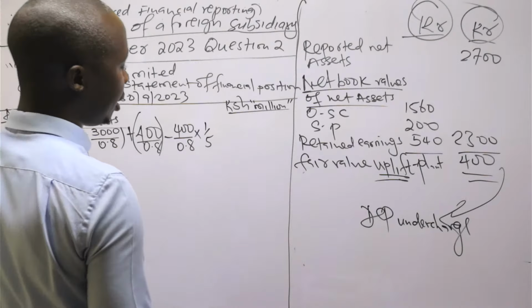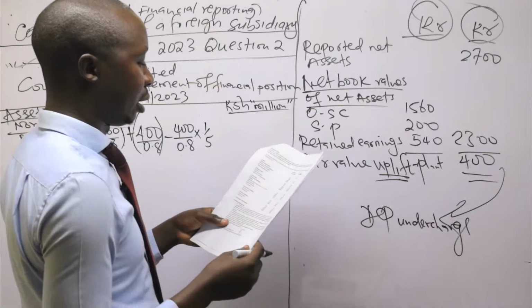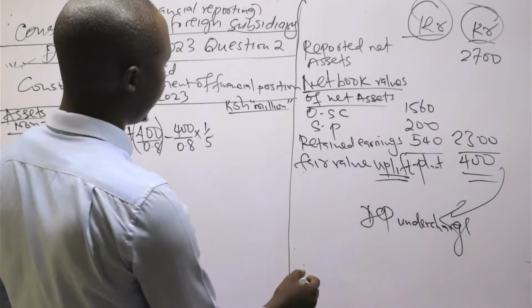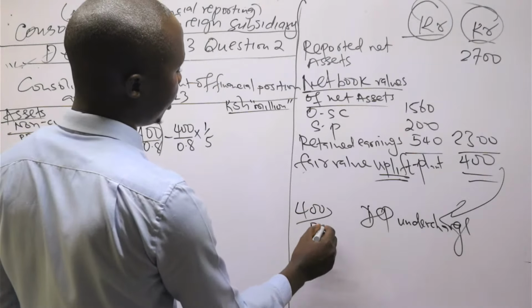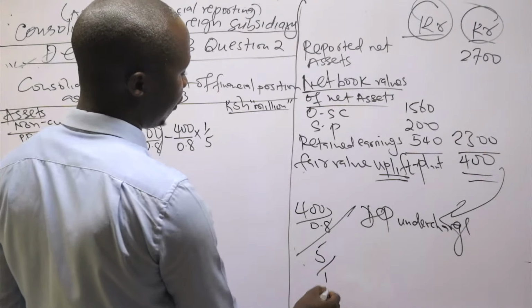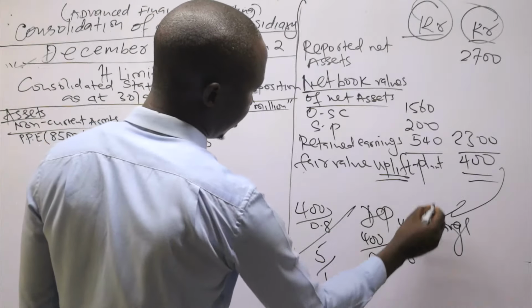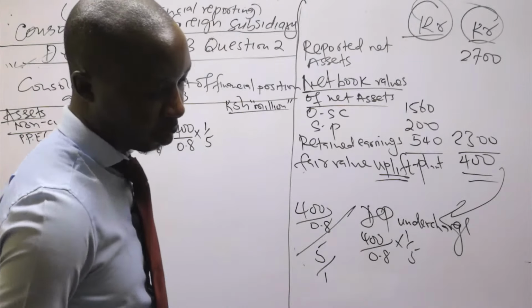Why? Because they said the remaining economic useful life is 5 years. So it's the same as saying 400 over 0.8 when translating, over 5, which is 400 over 0.8 times 1 over 5. The reciprocal. That is what I've done.